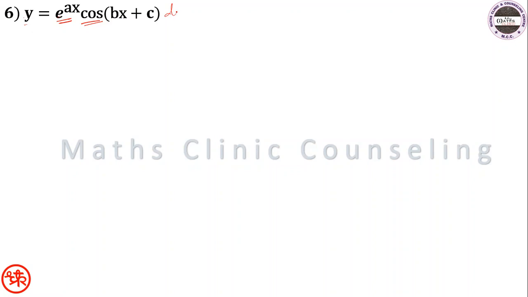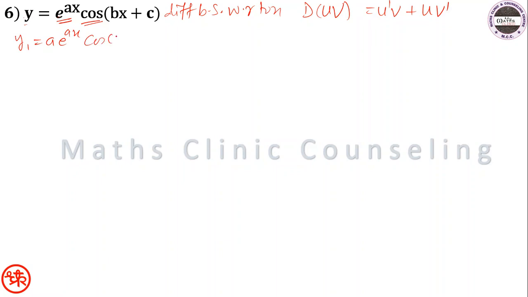So differentiating both sides with respect to x, we use the product rule. d of uv is equal to u dash v plus u v dash. So what will y1 be? a e to the power ax into cos of bx plus c minus e to the power ax into sin of bx plus c into b.